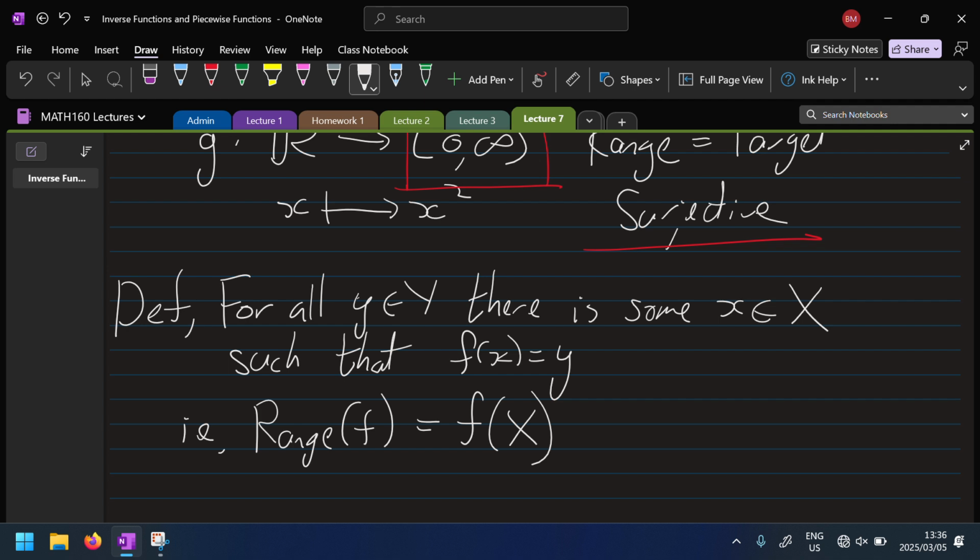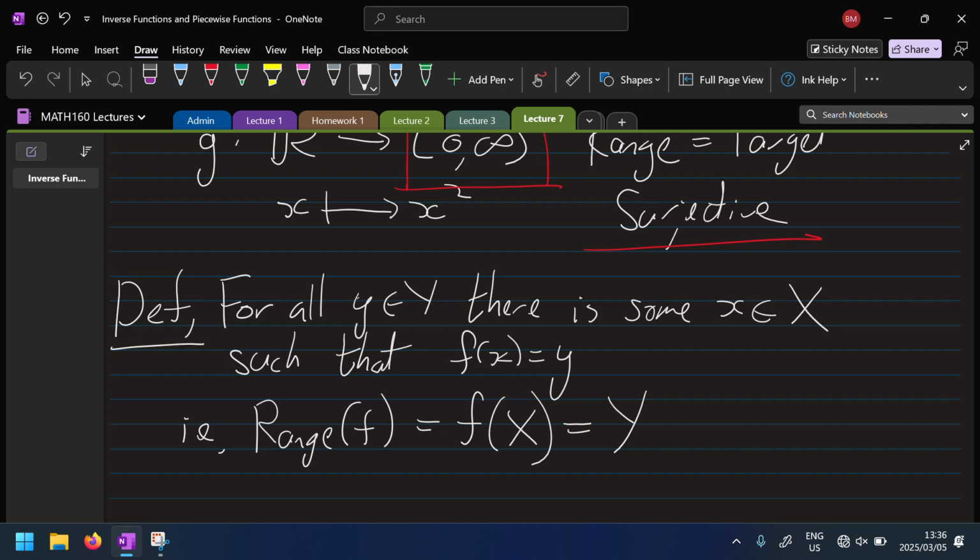Okay, that's not going to work. Okay, it's just notation for the range. And what we want is this to be equal to the target. But you can see the similarities. The f of little x equals little y, f of capital X equals capital Y. In the first case, x and y, those are elements of the set. In the second case, capital X, capital Y, those are the sets. But it looks similar to give you the idea.